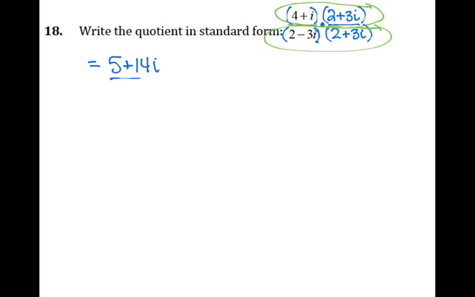So this is over 13. Now when it says to write it in standard form, that is a plus bi form. So that means I just need to separate this. So I have my a plus bi, so that'd be 5/13 plus 14/13 i, and that is in standard form.